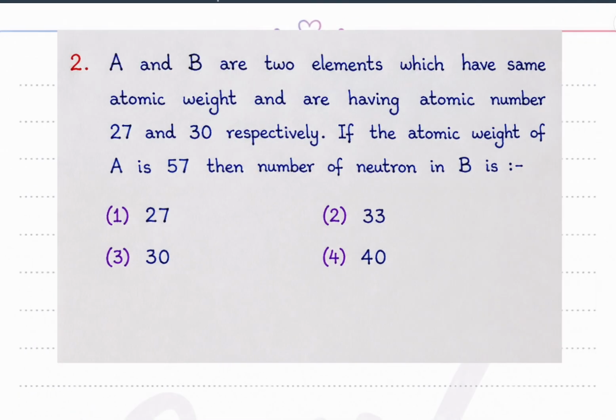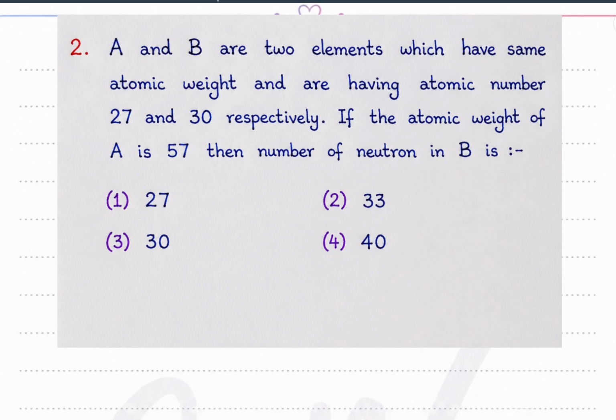Second question. A and B are two atoms which have the same atomic weight, and atomic numbers 27 and 30 respectively. If the atomic weight of A is 57, then the number of neutrons in B is asked in the question.